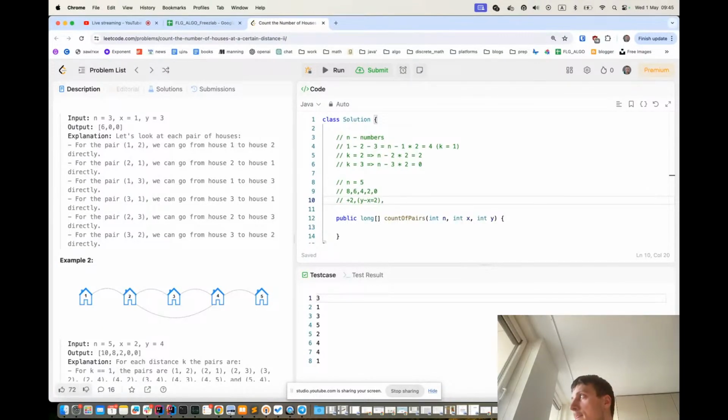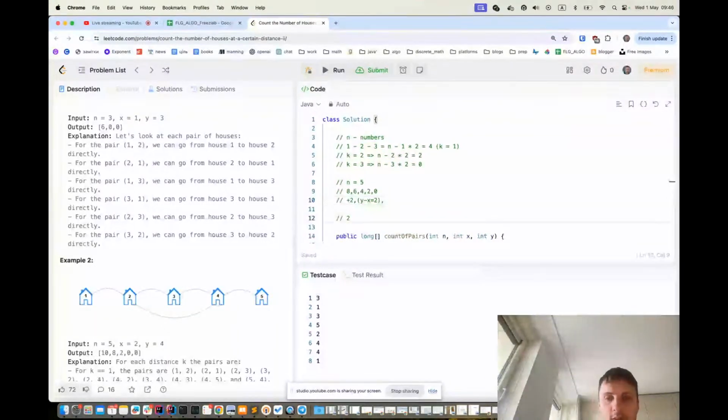Okay, when I'm on 2. I'm thinking now, should I create a hash map with key? It would be my number, and then I have connections.